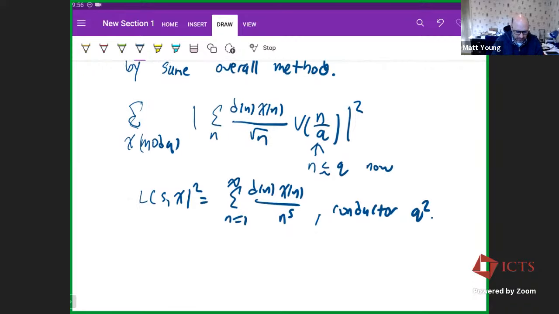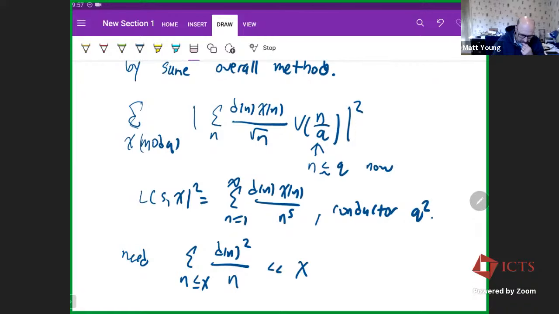The main thing that we need is that the sum over n up to x of the divisor function of n squared over n is bounded by, sorry, there's no x, so this should be bounded by log of x to the fourth, I guess.